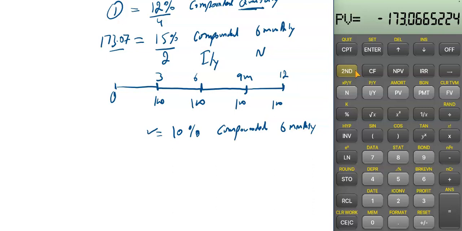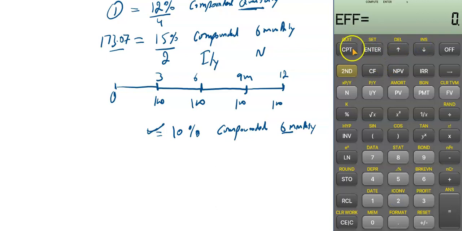So how to convert this? Remember, this is the nominal rate given. So you will move to second and I conversion, second and clear work. This will be 10% nominal rate and 6 monthly is given, so that means compounding per year will be 2.